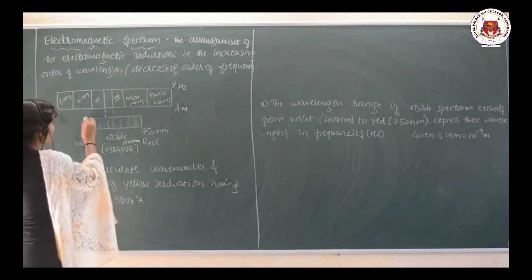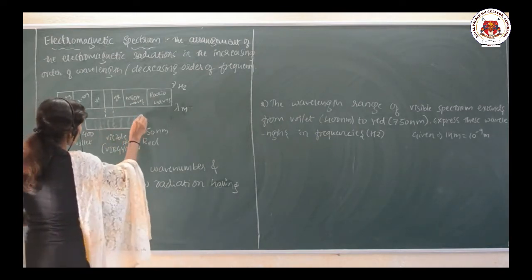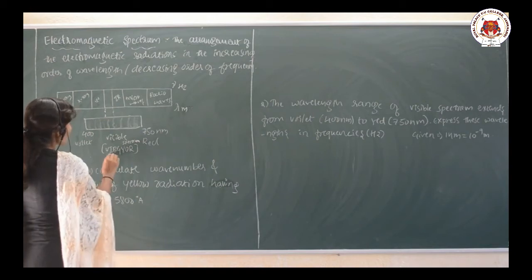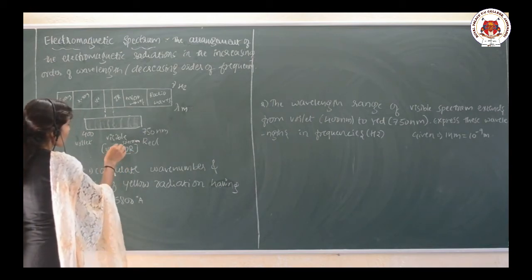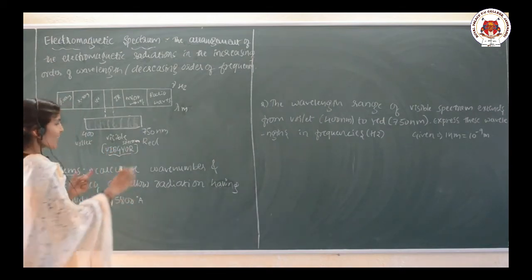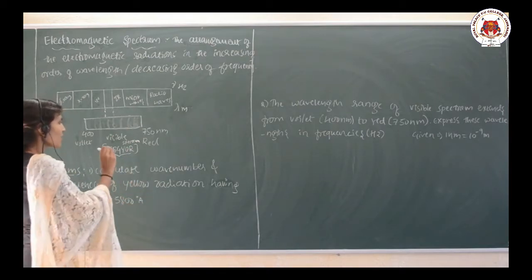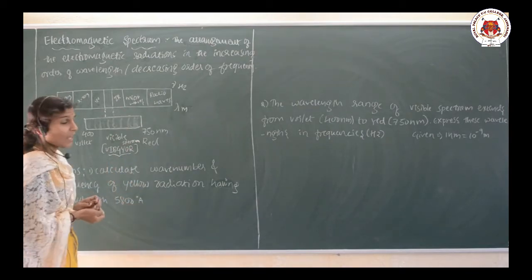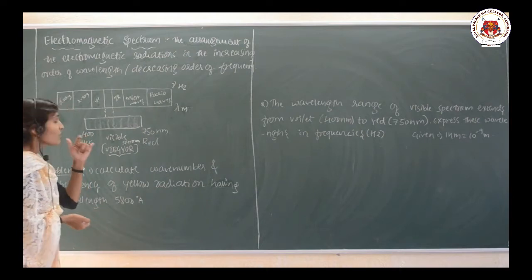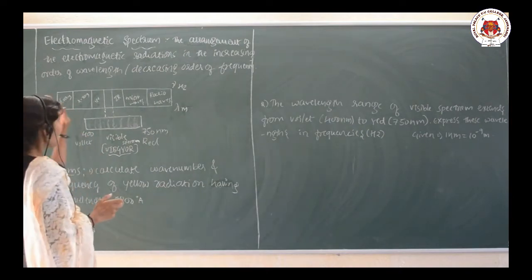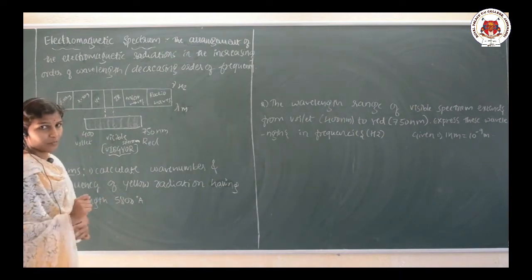This visible spectrum consists of violet to red, that is VIBGYOR: violet, indigo, blue, like that the colors are arranged here, and this visible spectrum is the smallest portion in the electromagnetic spectrum.